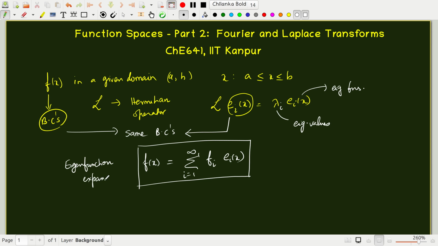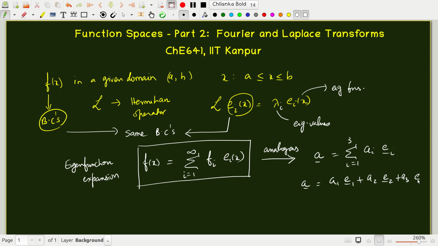This is a very general idea, and this is quite analogous to what we do in simple three-dimensional vectors, where I write a vector A in terms of a_i e_i, where e_i's are the three orthogonal unit vectors, in, let's say, Cartesian coordinates.